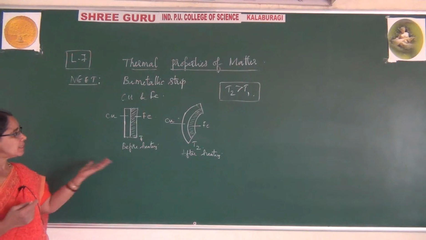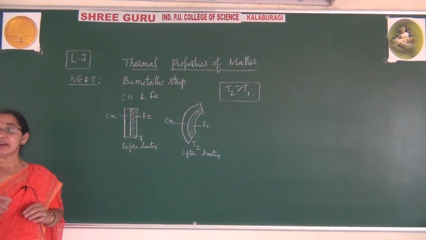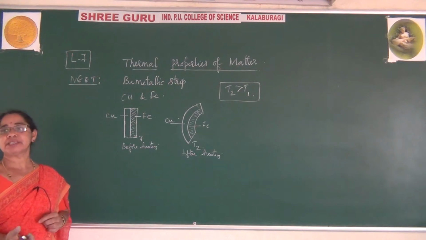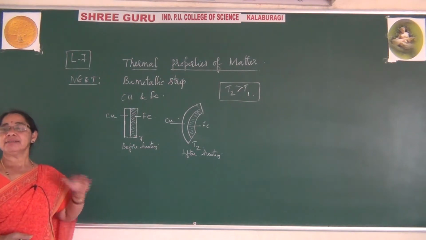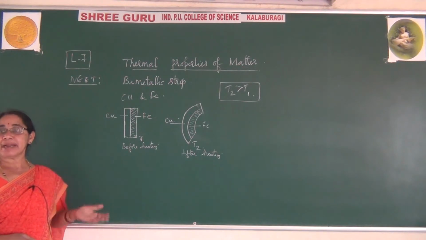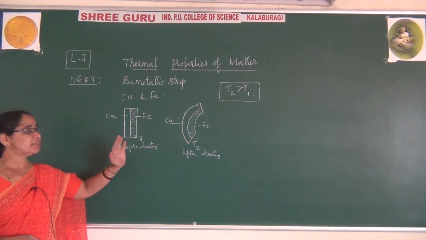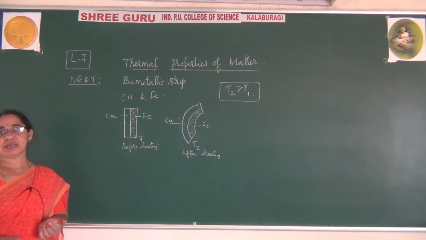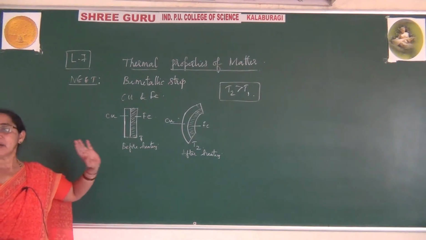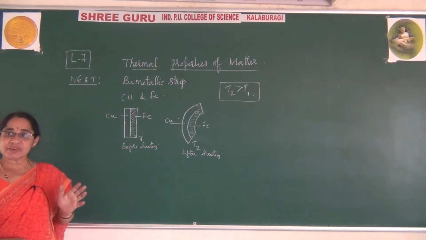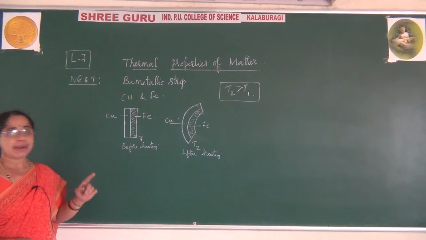Why is the copper strip bending outside? The one which has the greater linear coefficient of expansion will bend on the outer side, that is the convex side. That is none other than copper, which has a larger coefficient of expansion compared to iron.